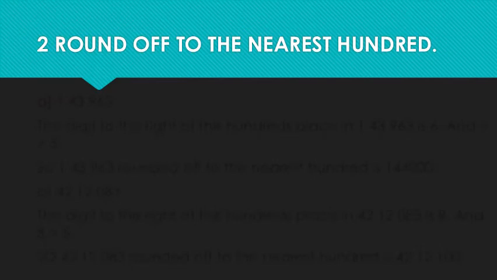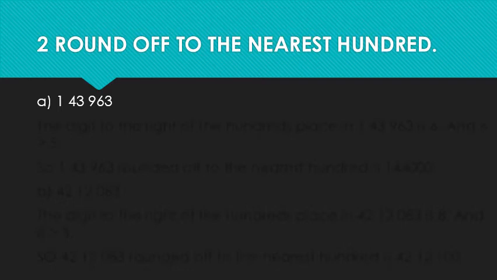Now, children, let's move to the next type of question, that is round off to the nearest 100. Let's see the first question. The number is 1,43,963. First of all, we see the digit at the rounding place, which is the 100 place.